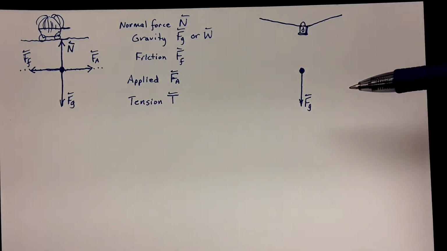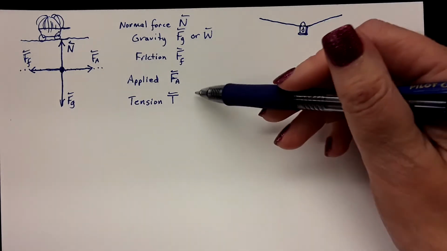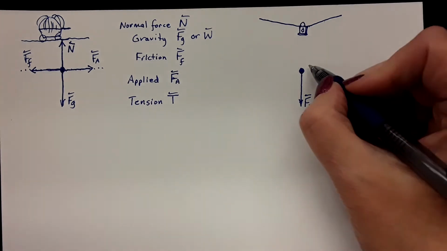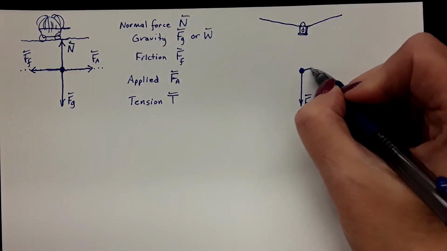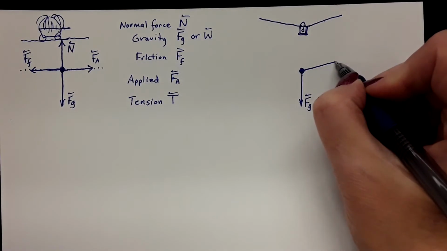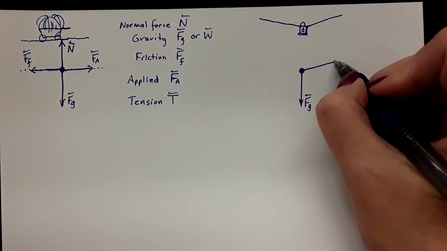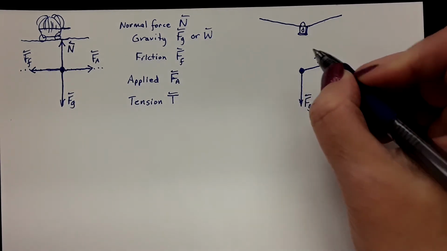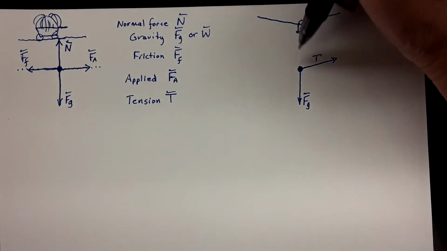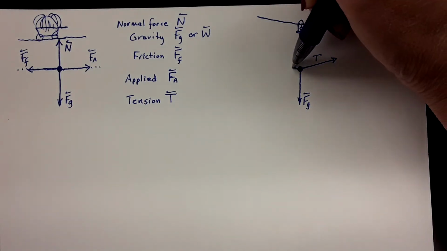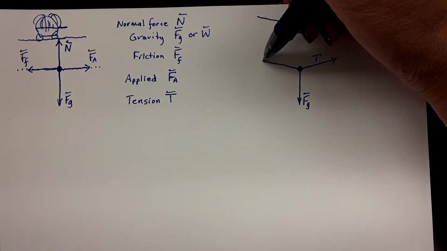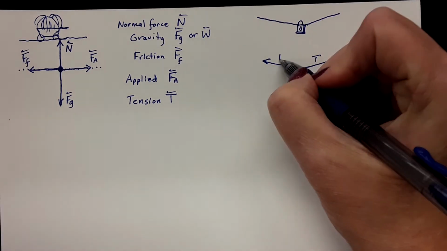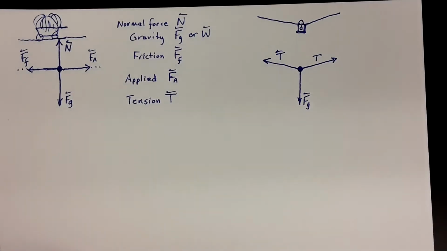But we do have 2 cables, and in cables, we have tension. So we have one tension that pulls back along the cable. Tensions always pull back along the cables and strings. And then this one right here is going to pull the other way, like that.